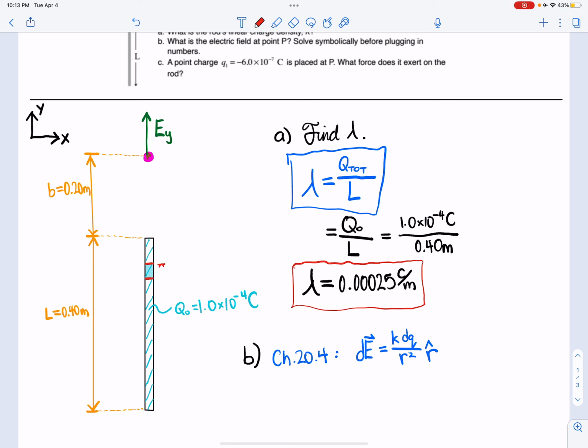This is a little piece of that thin rod of length dy. That little length dy right here is going to have a certain charge, right? So it will be dy with charge dq, a little piece of the charge of that little piece of the thin rod right here.